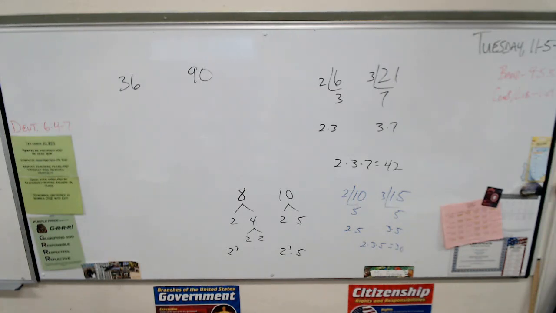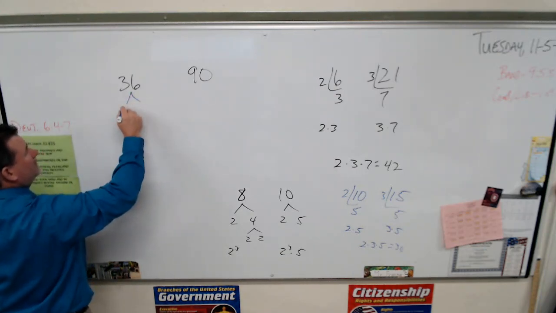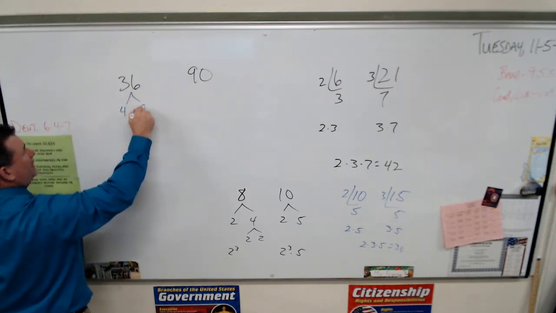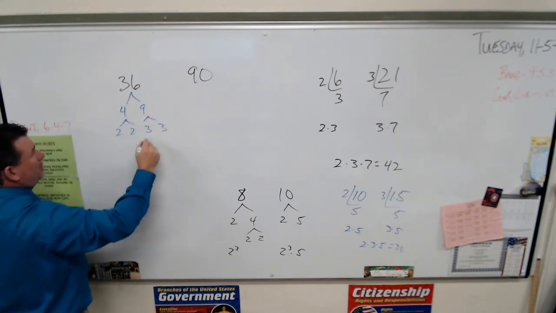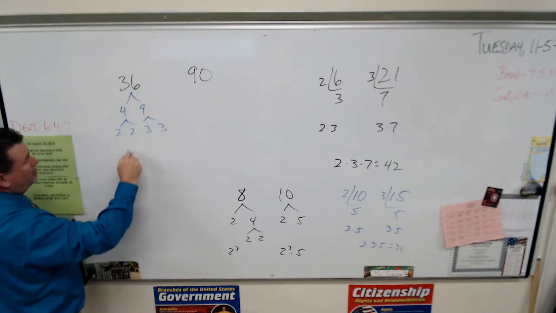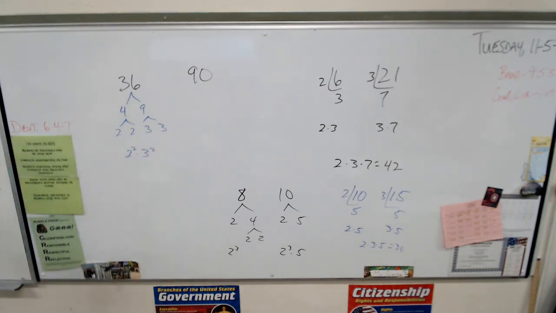Is it the least common multiple? No. Okay, watch. 4 times 9, 2 times 2. So for 36, I got 2 squared times 3 squared. I don't know if I'm using either one of those yet. I know I got to use a 2 and a 3.